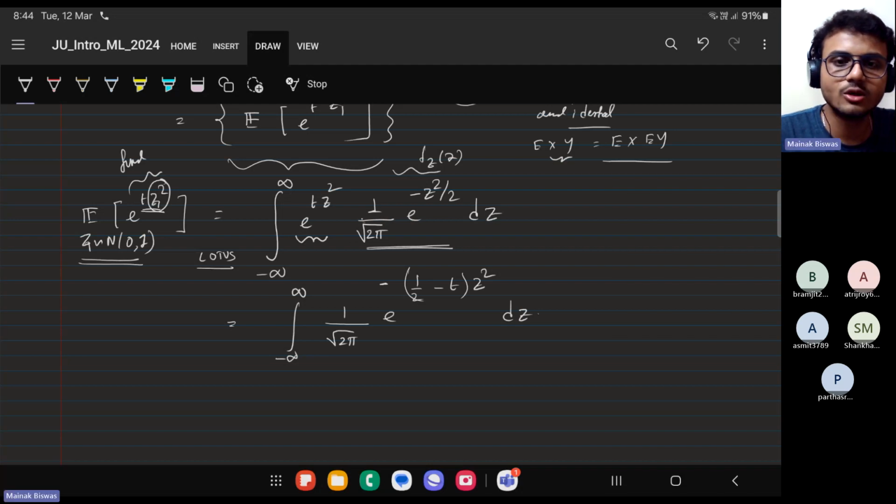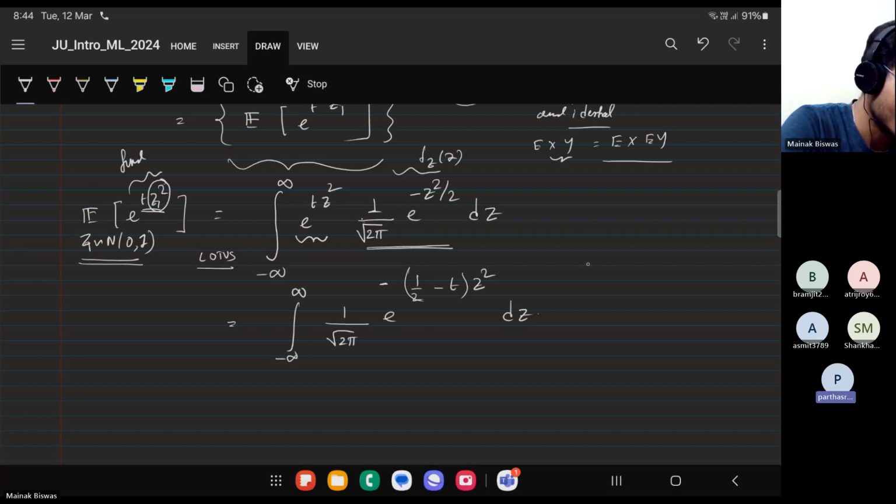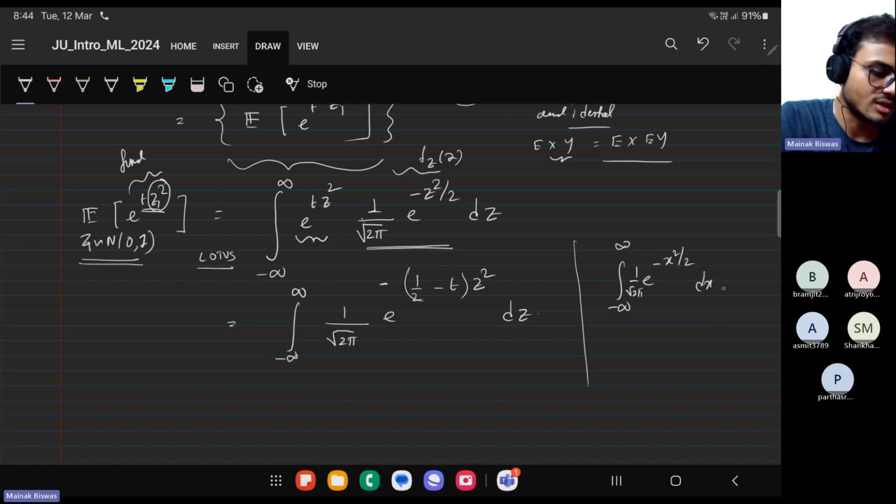Which integration do I know? Which integral can I do? E to the power of minus z squared by 2 we can do. Yes, so I can do this integral. I know how to do the integral of e to the power minus x square by 2 dx. This is equal to 1.